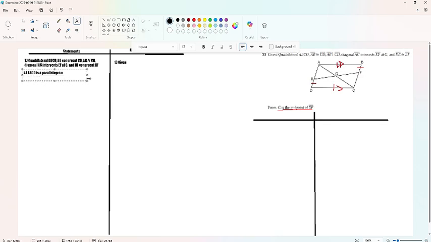Why this works is because whenever opposite sides are both parallel and congruent, you could say it is a parallelogram. Okay, what next?